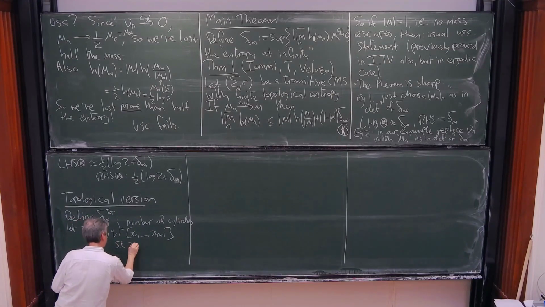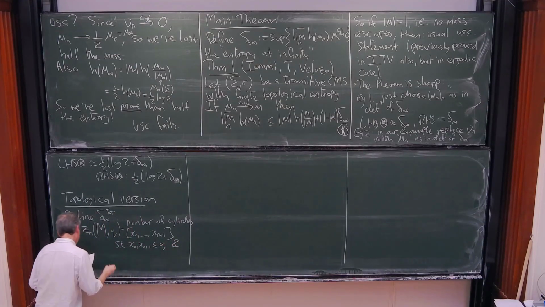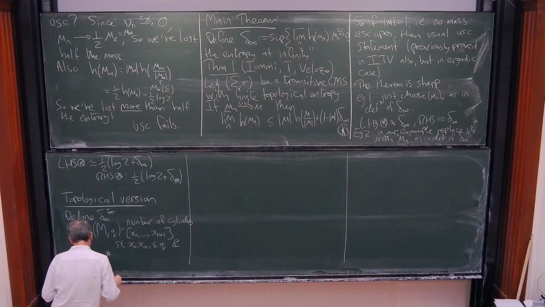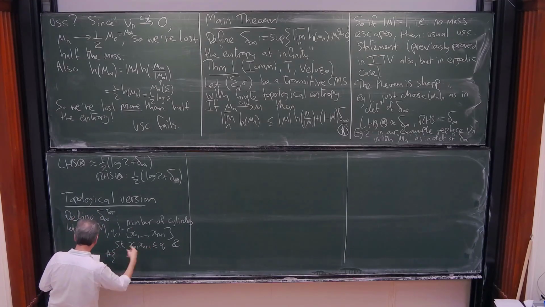So such that x_0 and x_{n+1} are less than or equal to q, and basically the proportion of times that you're below q is small.